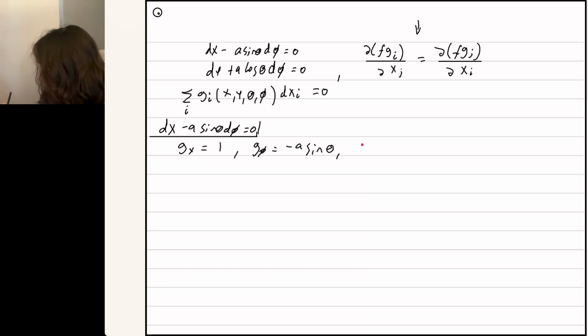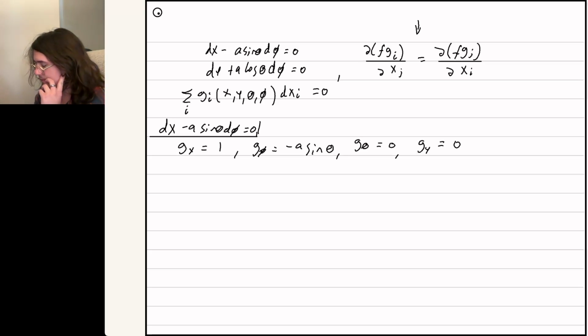And whenever you're doing stuff like this, you have to include the g's in terms of each of the variables within the problem. So there's also a g theta. It just happens to be 0 in this case. And there's also gy, which also happens to be 0. So the zeros there are going to cause some issues.